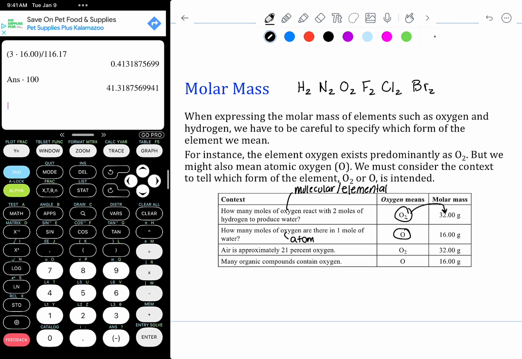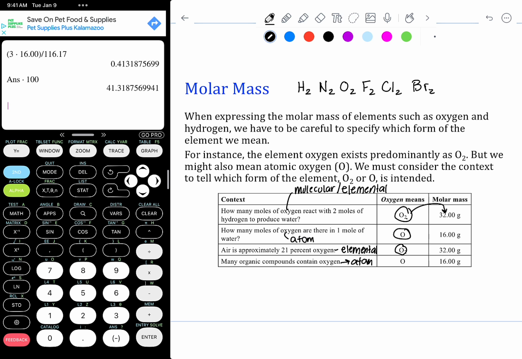Air is approximately 21% oxygen. In that case, we're talking about elemental oxygen, because oxygen exists in our natural world as a gas in the air as elemental oxygen, O2. So we're talking about O2. And many organic compounds contain oxygen. So oxygen is then contained in a compound. Therefore, we are talking about the atom.